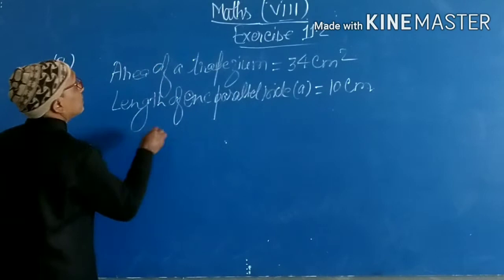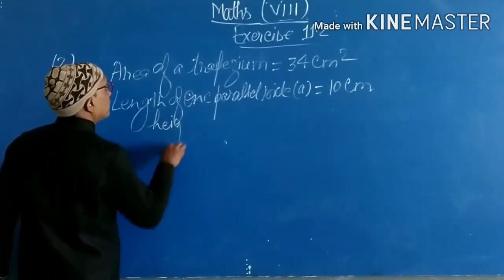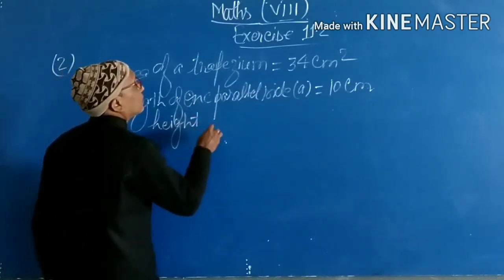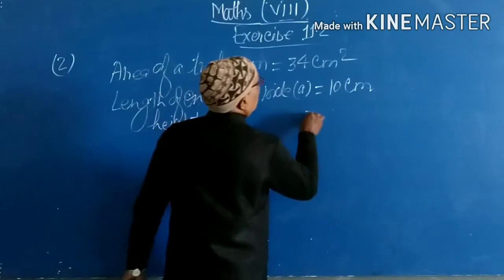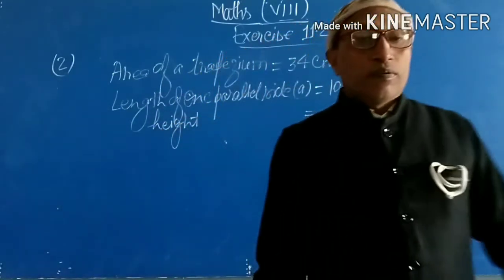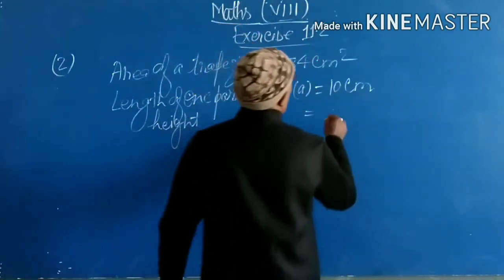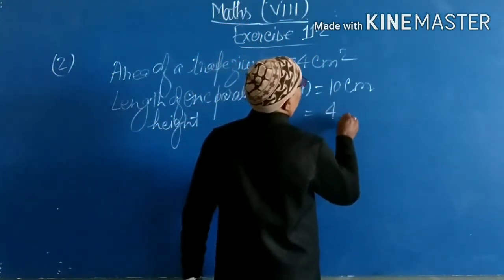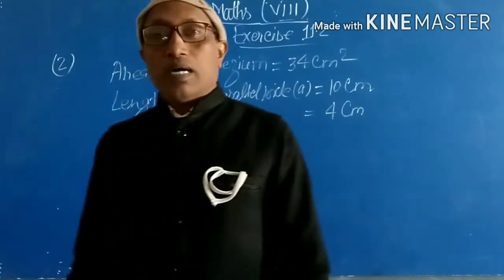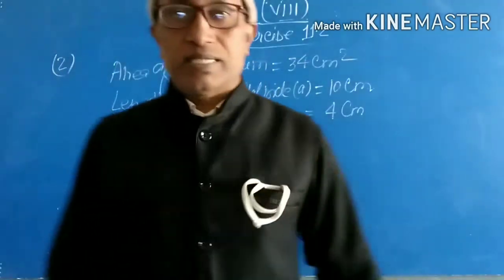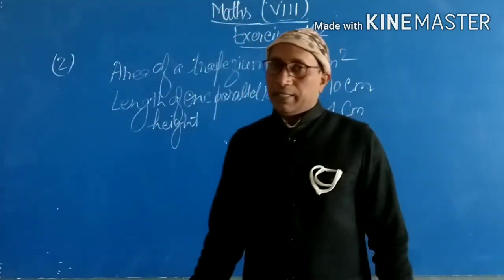Height is equal to 4 centimeter, means perpendicular distance between parallel sides is 4 centimeter. Find out the other parallel side B.